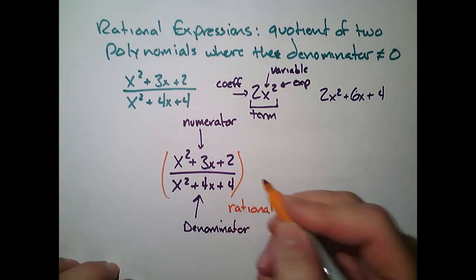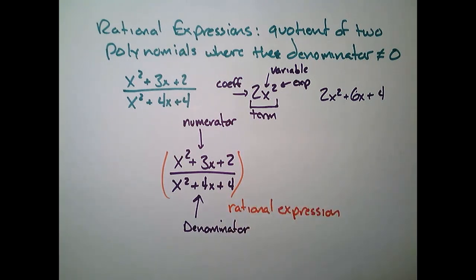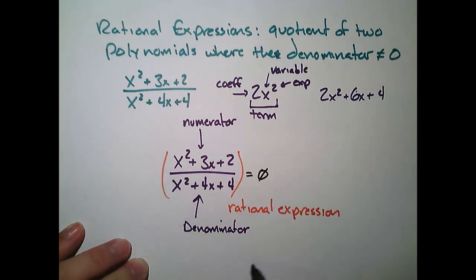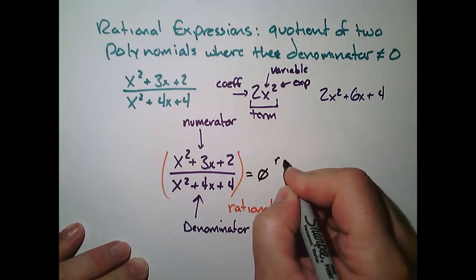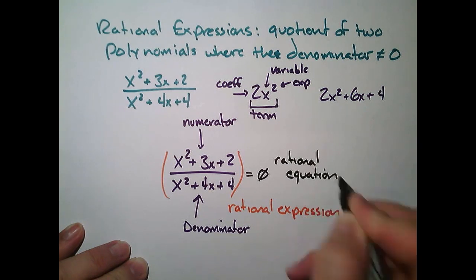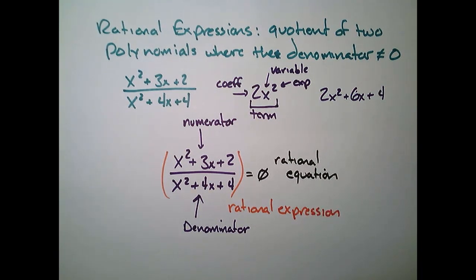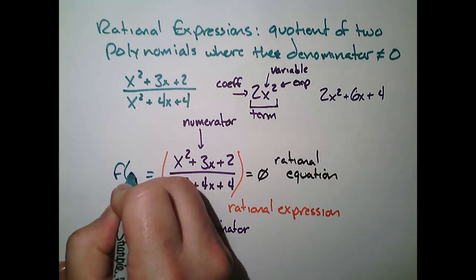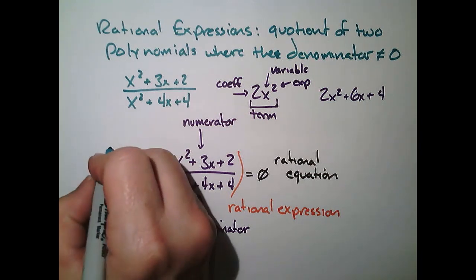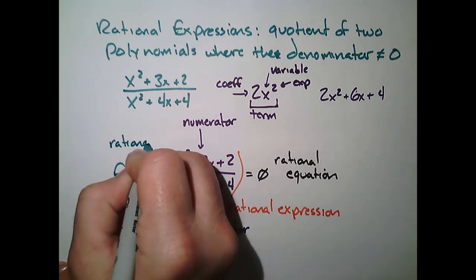Now, if we set it equal to 0, or any other value, so we'll just say 0 to keep things simple, this whole thing becomes a rational equation. And if we set it equal to some function name, in this case f of x, then this becomes a rational function.